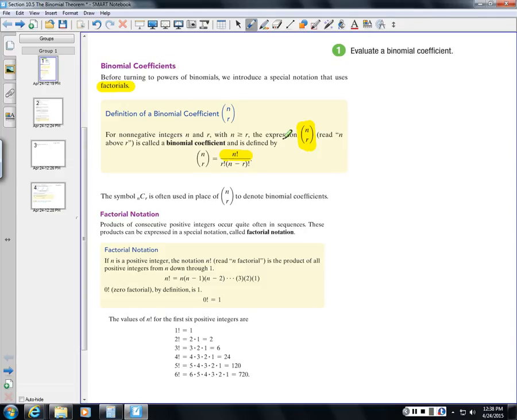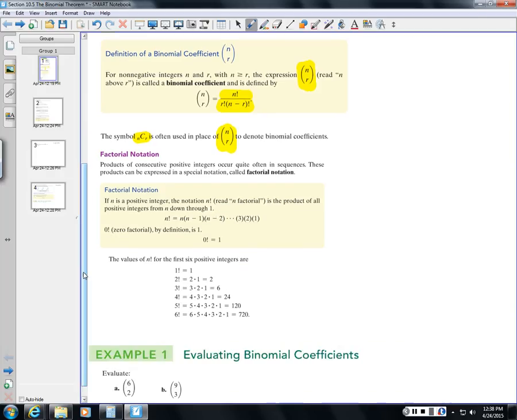The definition of this binomial coefficient is n factorial divided by r factorial times n minus r factorial. Sometimes you will see the notation nCr instead of the n above r notation. But in this section we're going to see the n above r notation. But let's first understand what this idea of a factorial means.